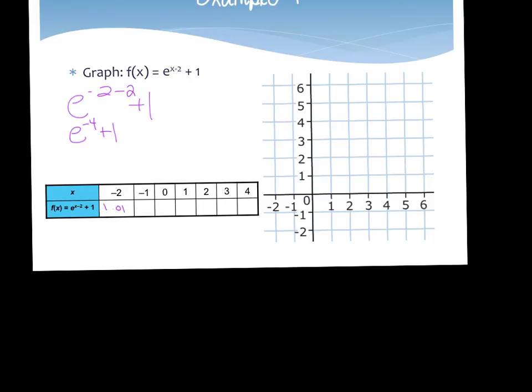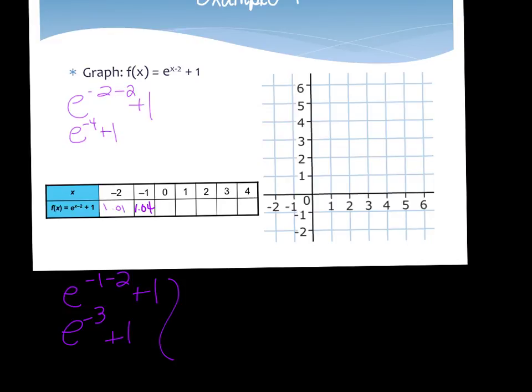And then I go to the next one. So -1, e to the -1 minus 2 plus 1 is e to the -3 plus 1. Let the calculator do the work. E to the -3. Add the 1, and this time I get 1.04. So it's just a little bit bigger than that one.